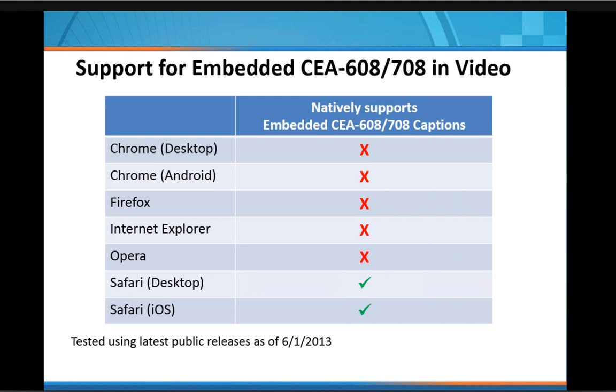To give you an example of some of the problems, I'm going through the different kinds of caption formats that you can use. In terms of web browsers or web devices, mobile devices like Android tablets and Apple iOS devices, the ones that support embedded 608, 708 captions in the video right now are mostly the Apple devices, from what I've seen: iOS devices, and also Safari on the desktop.